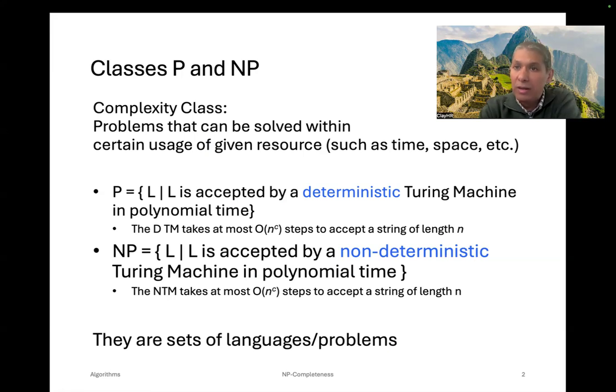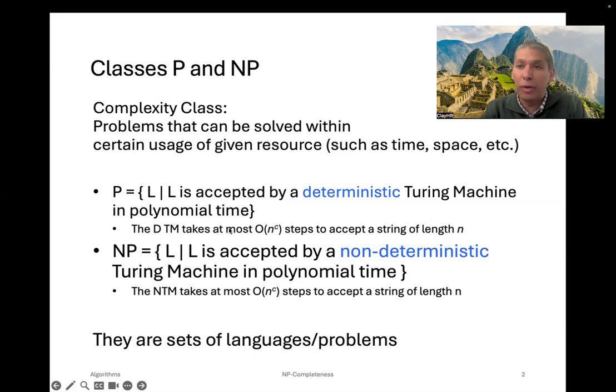So what's the class P? The class P is the set of languages, or the set of problems, that can be solved by a deterministic Turing machine. And the class NP is the set of languages that can be accepted by a non-deterministic Turing machine, also in polynomial time. I did not say that for P, but both are sets of problems or languages that can be accepted by a deterministic or a non-deterministic Turing machine in polynomial time.